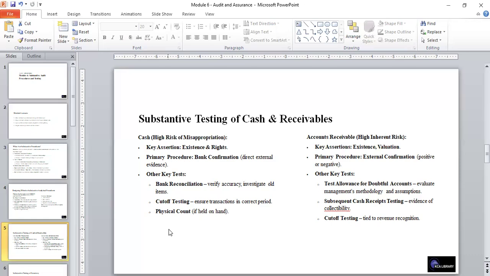Other key tests include allowance for doubtful accounts, which evaluates management's methodology and assumptions. The next is subsequent cash receipt testing, which provides evidence of collectibility. And last is cutoff testing, which is tied to revenue recognition.